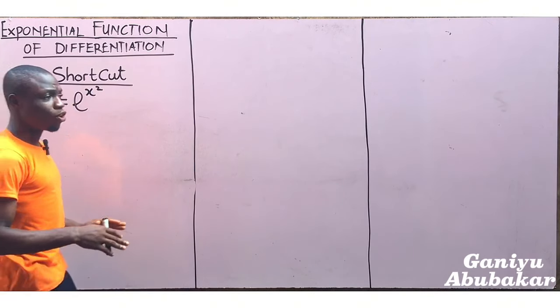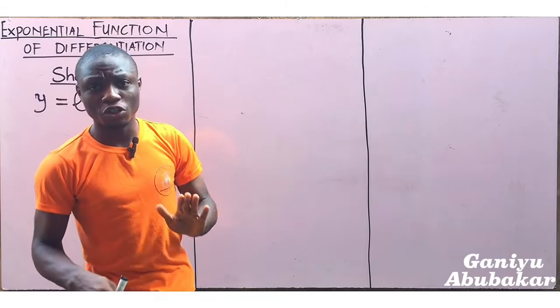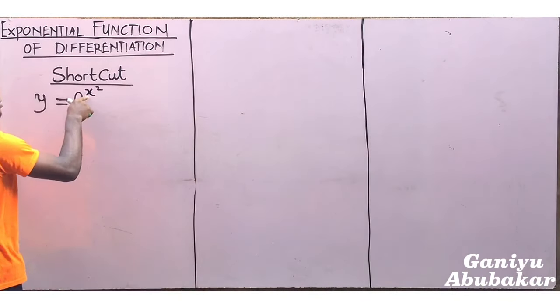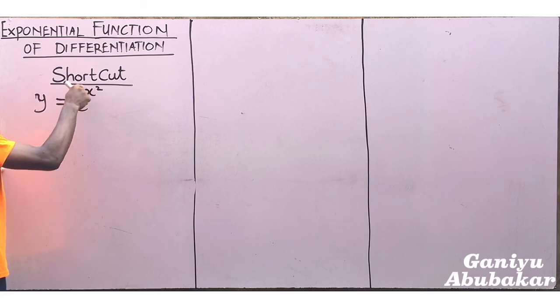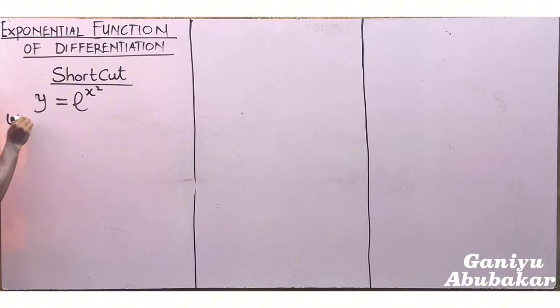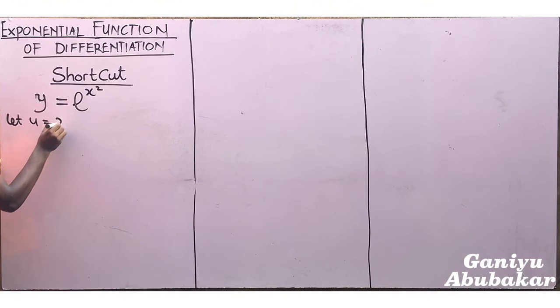But when it comes to the exponential function, the task changes. The first task is to call this term here u. So let u be equal to x squared. That's the first task.